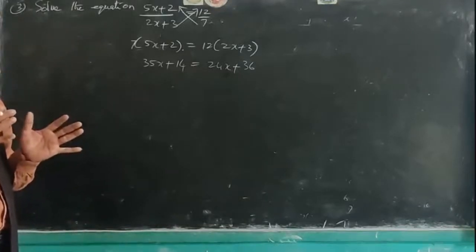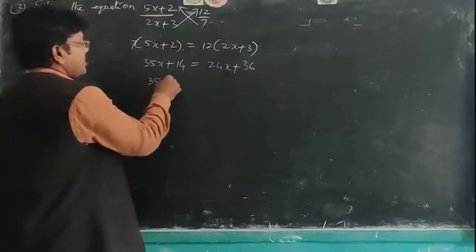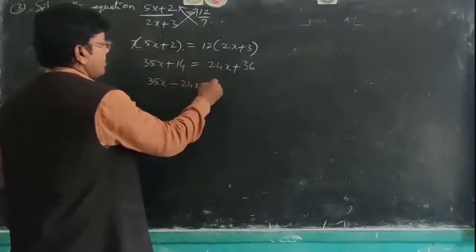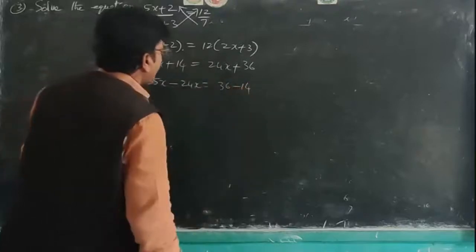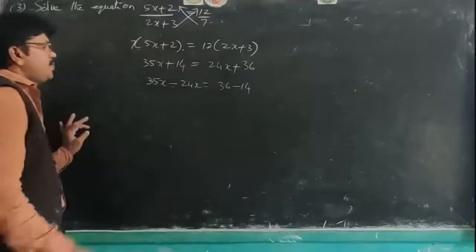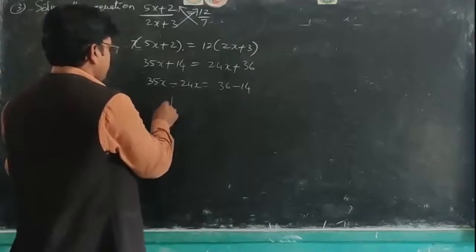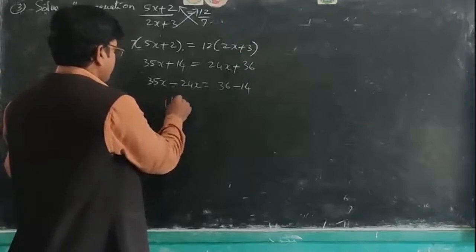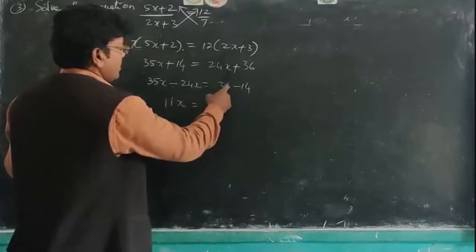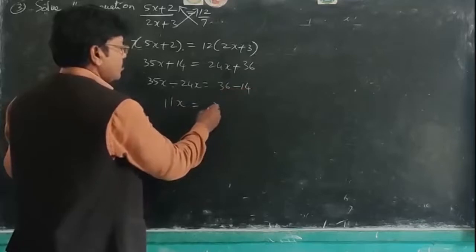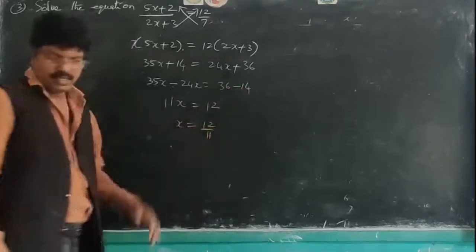Join all variables to LHS: 35x minus 24x equals 36 minus 14, transposing. 35x minus 24x is 11x, equal to 36 minus 14.